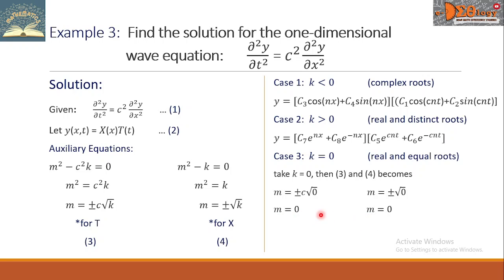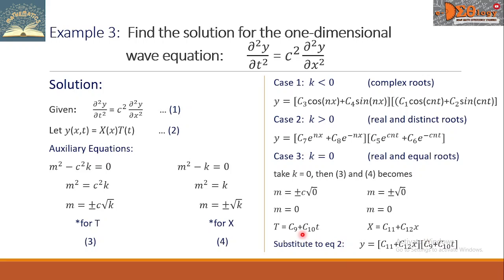However, let us remember that the m value here is for the T, while the value of m here is for the X. Meaning, for the T, this is equal to c sub 9 plus c sub 10 times t. And for the X, we have capital X equals c sub 11 plus c sub 12 times x.